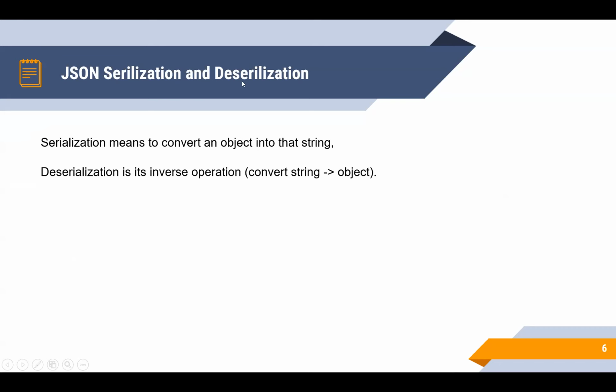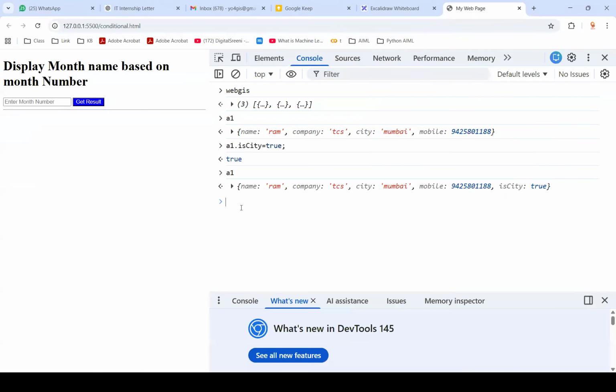JSON serialization and deserialization. The word is complicated, but this is very easy. Serialization means converting an object to a string. Deserialization means string to object. It's the same thing you already did here, JSON dot stringify and JSON dot parse.